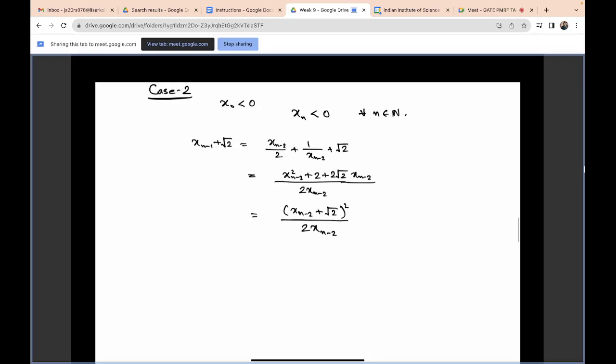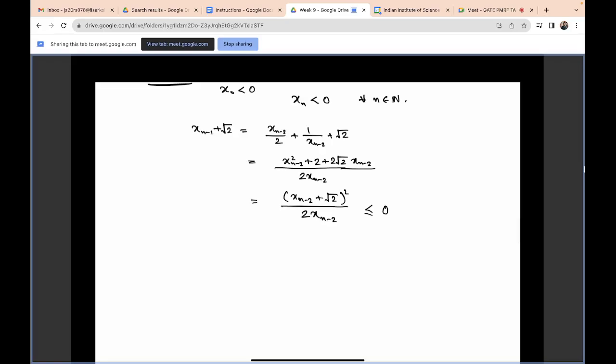Note that because xn is a negative sequence, this will always be less than or equal to 0. What does this mean?